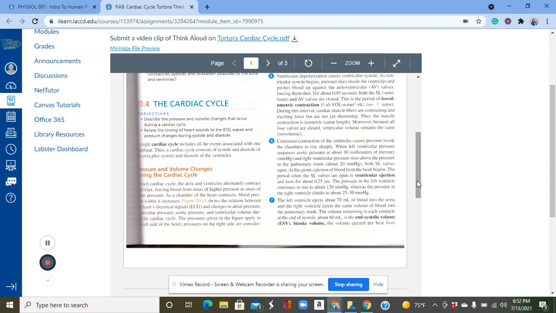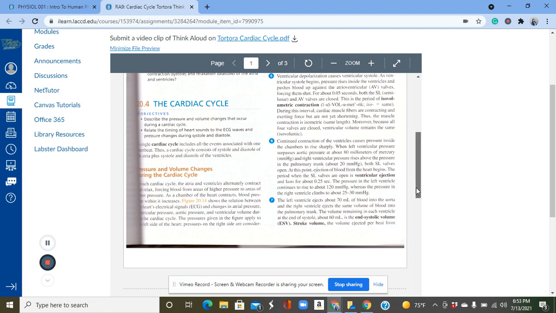Number 6. Continued contraction of the ventricles causes pressure inside the chambers to rise sharply. When left ventricular pressure surpasses aortic pressure at about 80 millimeters of mercury, and right ventricular pressure rises above the pressure in the pulmonary trunk, about 20 millimeters of mercury, both SL valves open.